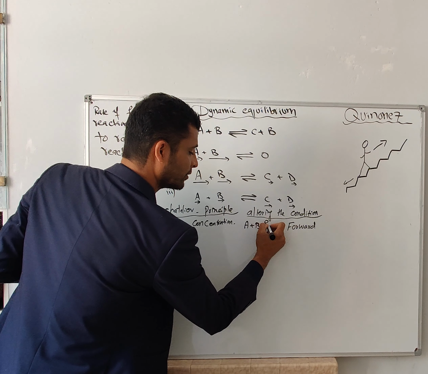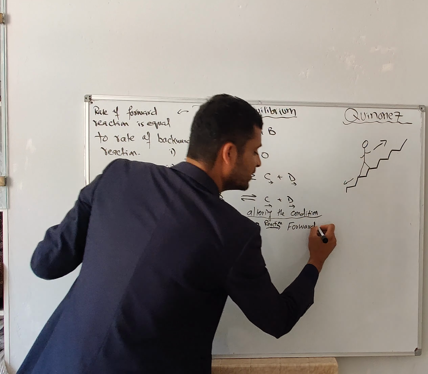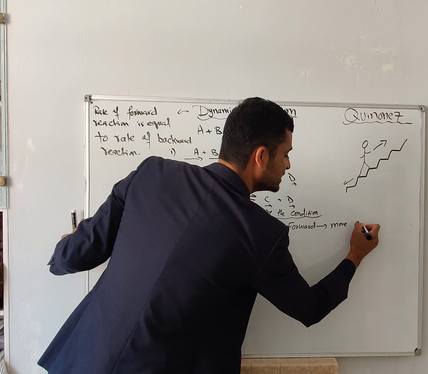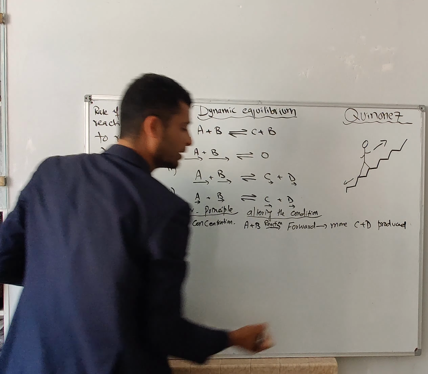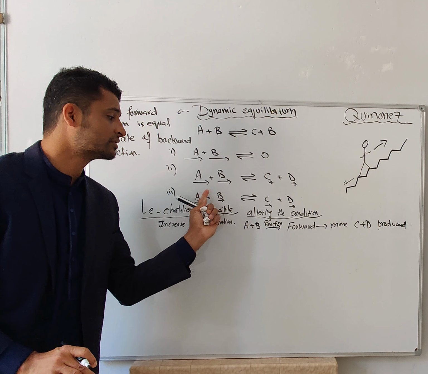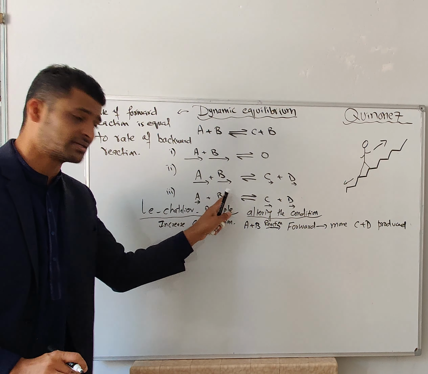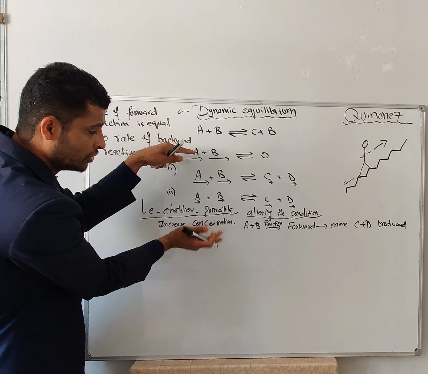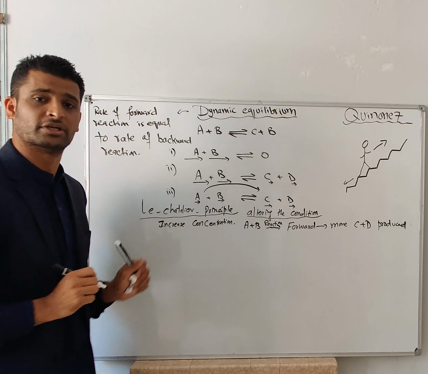That means you will make more C plus D, until they have got the same rate. Because you changed this side, you increased that side, so automatically the reaction will go in that direction.